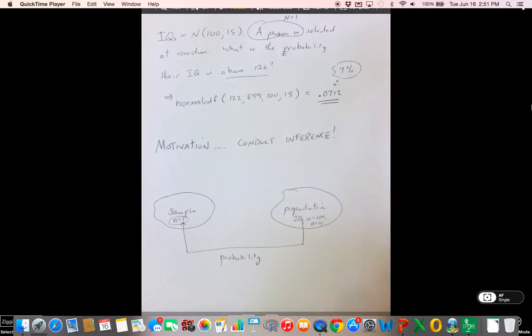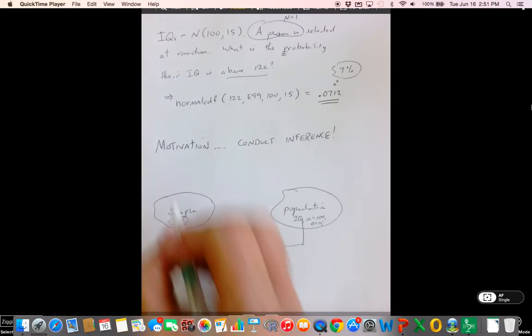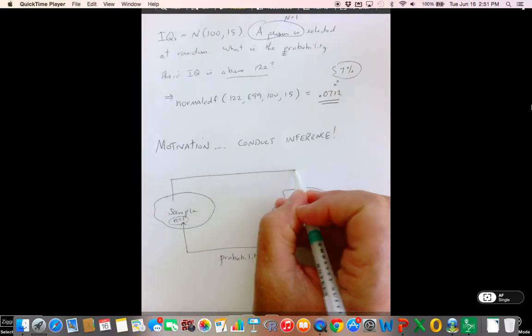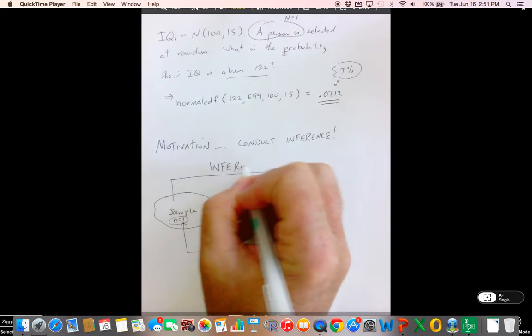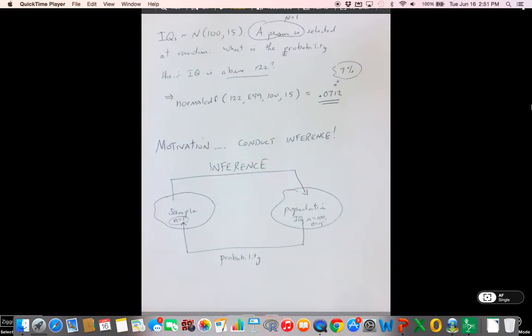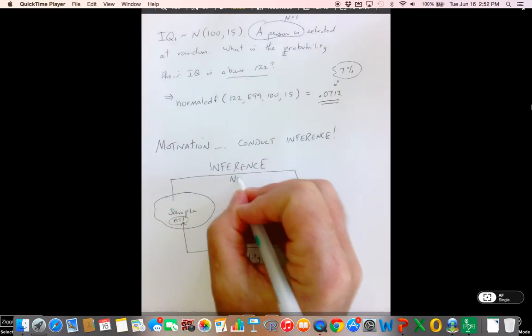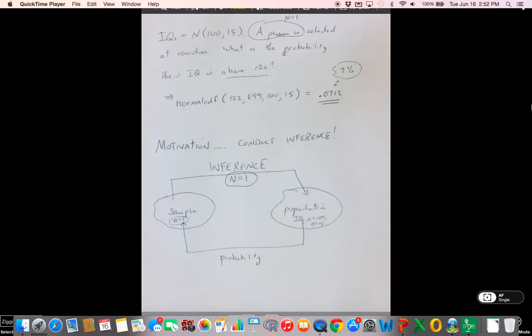We could do less than 115. We could do just any calculation that we want. But guys, if this vicious cycle does work, and trust me, it does, where what we learned down here is applied up here in terms of conducting a study, would you feel comfortable conducting a study based on one person?